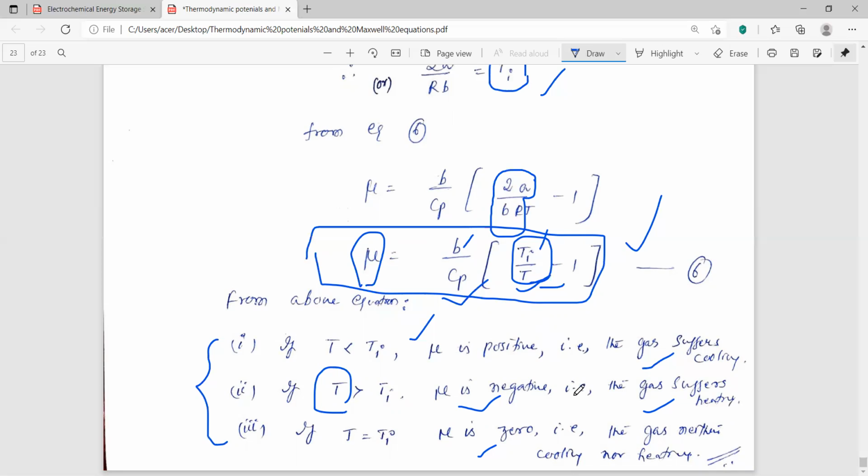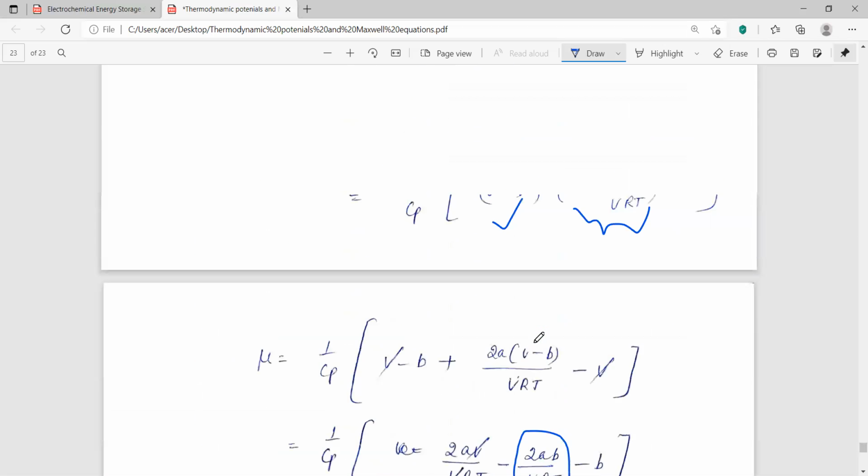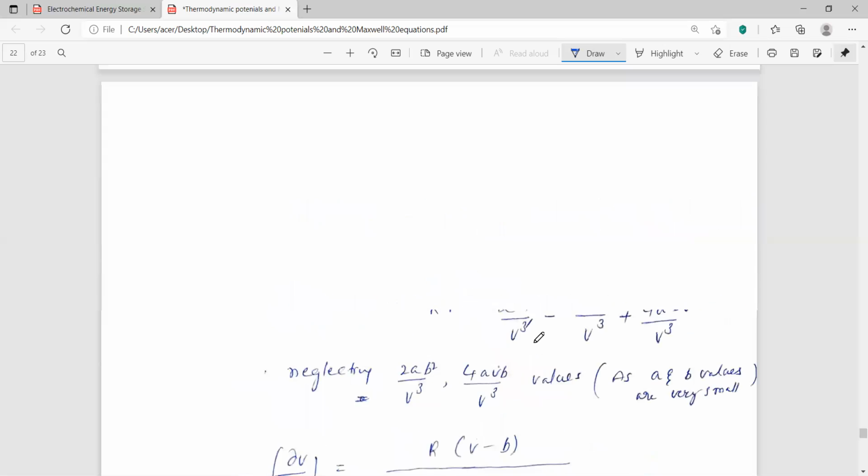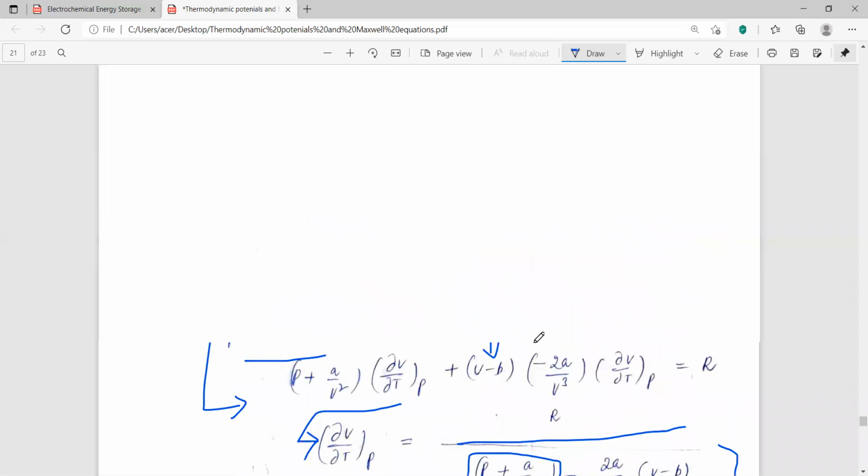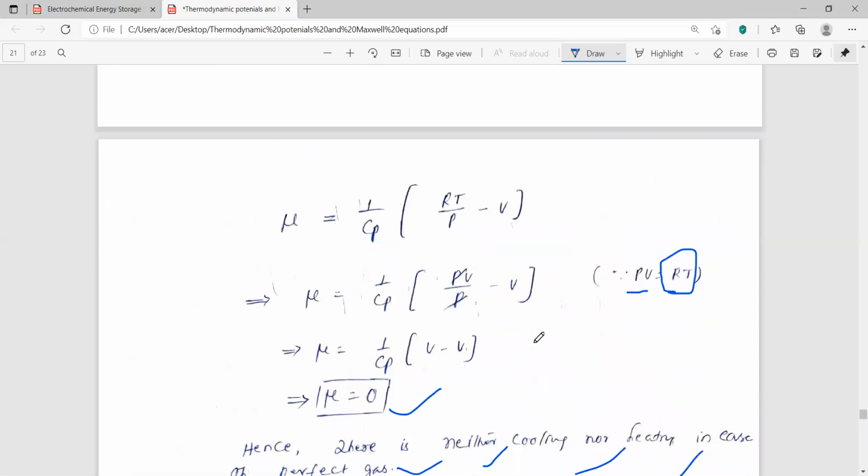That is why the temperature of helium and neon gases rises a little bit. If T equals Ti, then μ is 0, and the gas is neither cooling nor heating. So this is how one can explain the Joule-Kelvin effect, or Joule-Thomson effect, or throttling process.